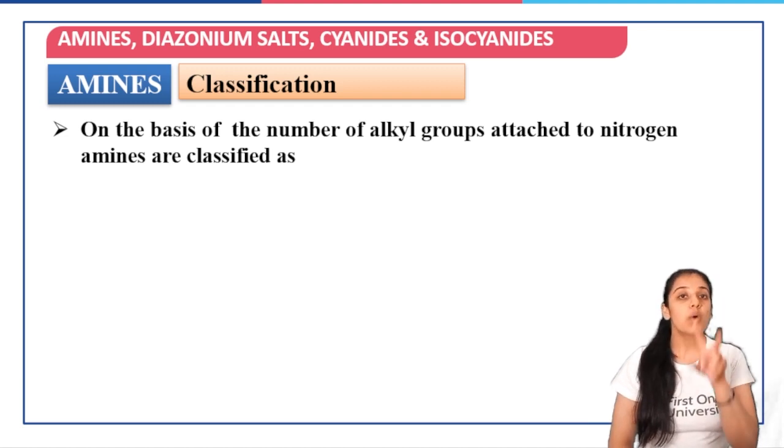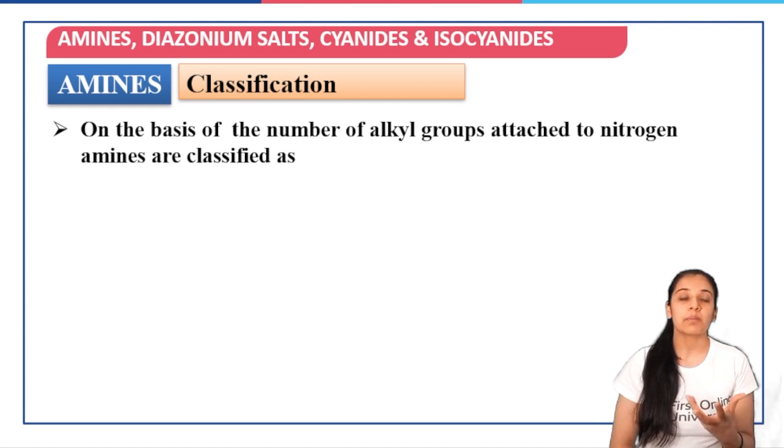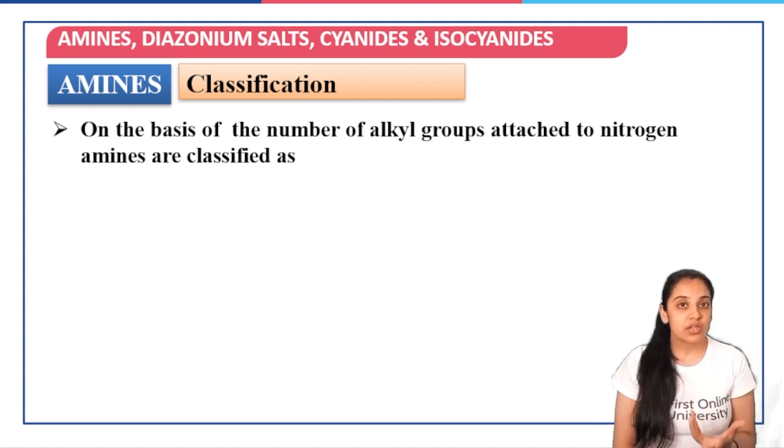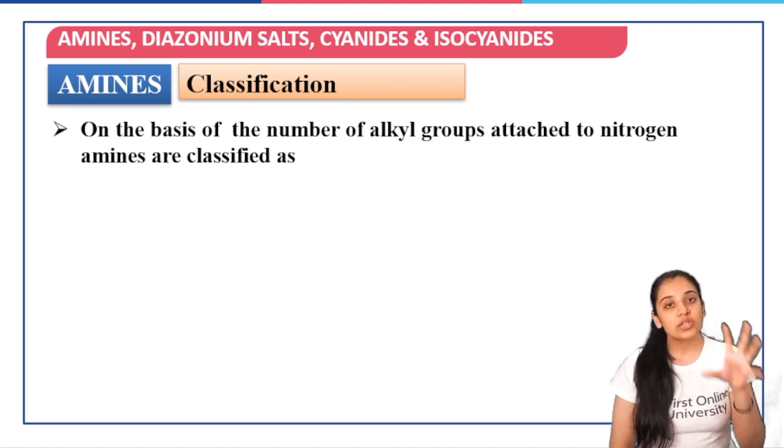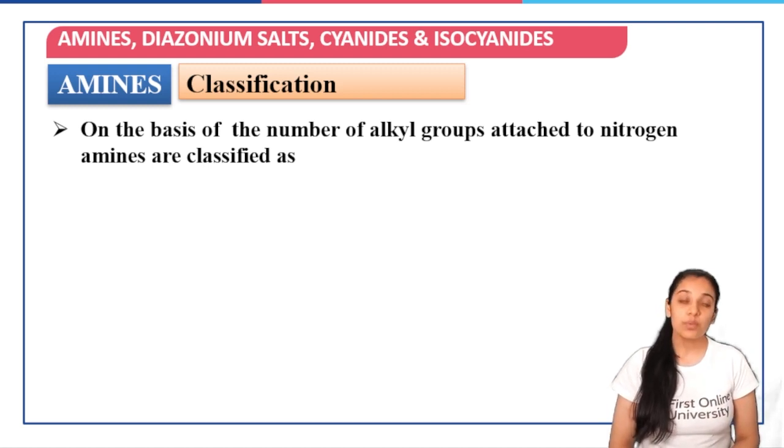If there were two hydrogen atoms and one alkyl group, we called it primary. If there were two alkyl or aryl groups, we called it secondary alcohol. And if all three were R groups, where R could be any alkyl or aryl group, we called it tertiary alcohol.